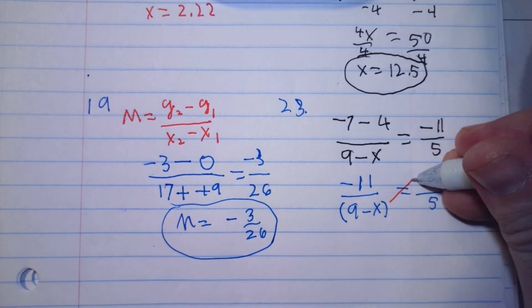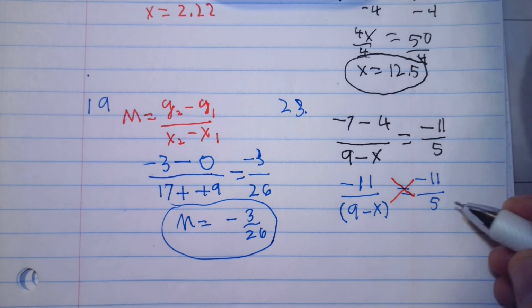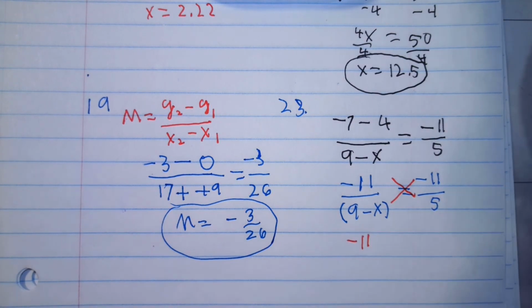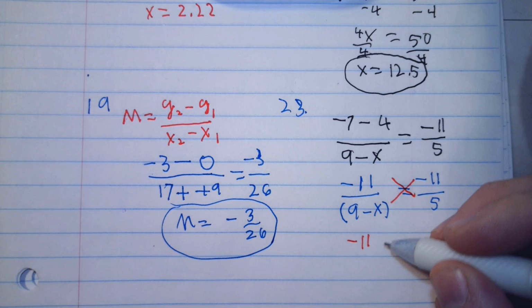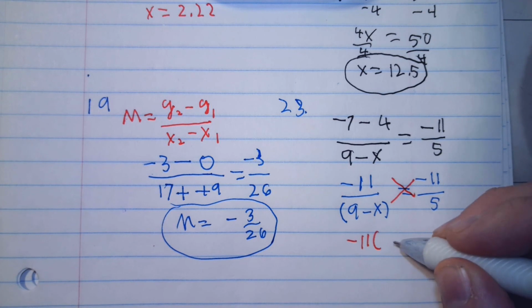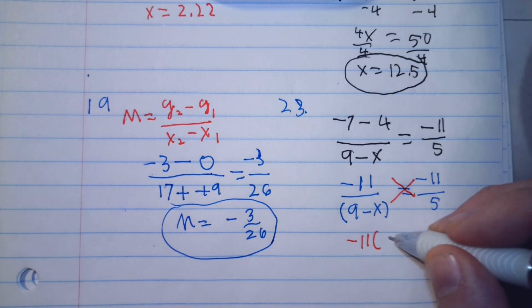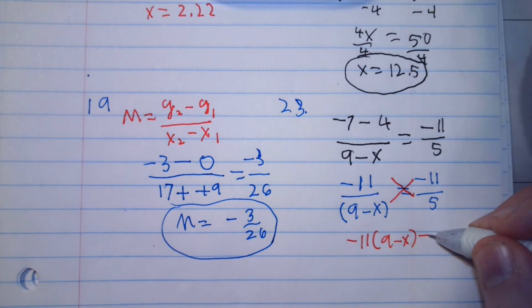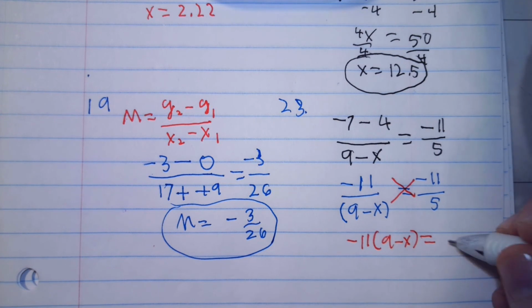And I'm probably going to run out of room, so I might have to move the camera again. So this is going to end up being negative 11 times 9 minus x, and this is going to equal negative 55.